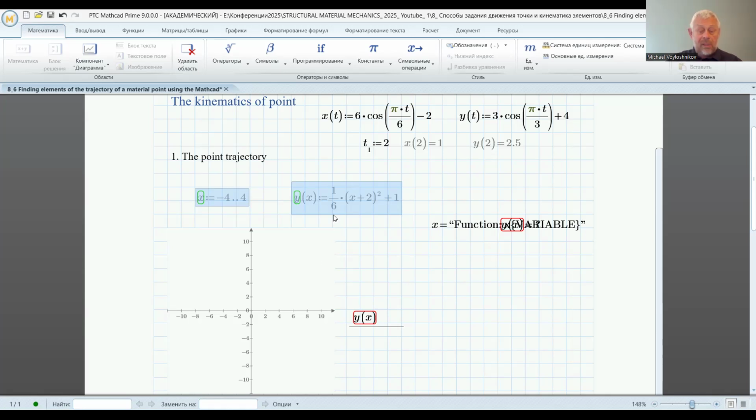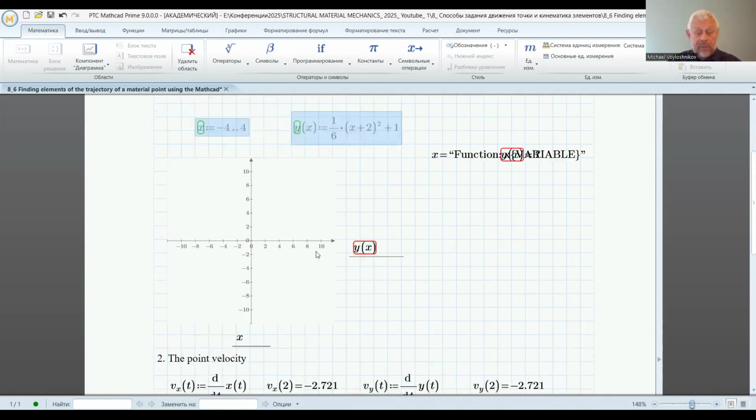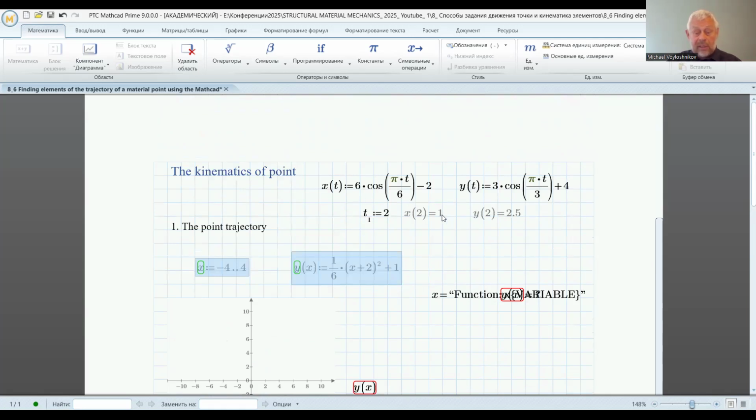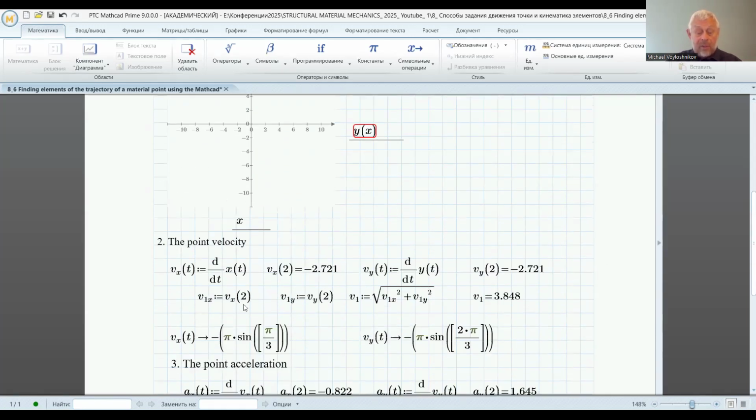But we no longer need the graph to find the components of the acceleration and the velocity, so we exclude these two formulas from the Mathcad page and make the first assigned active again. So we find the components of the velocity by derivatives with the Mathcad operation. We do not have to find the derivatives ourselves.